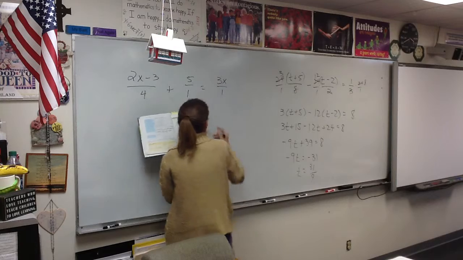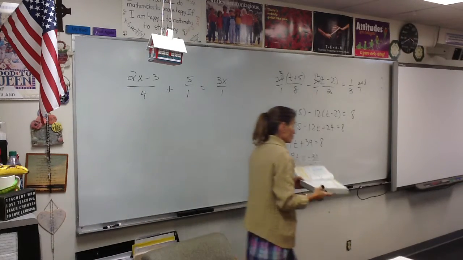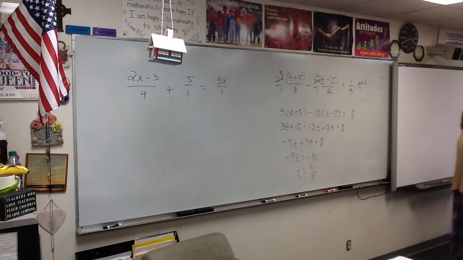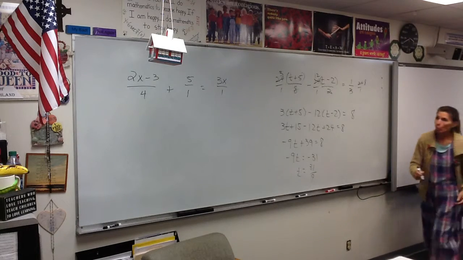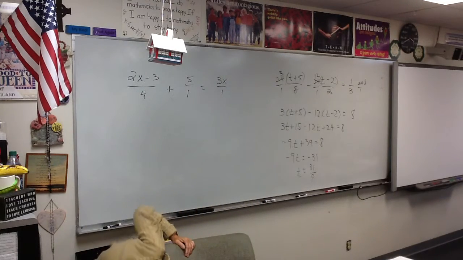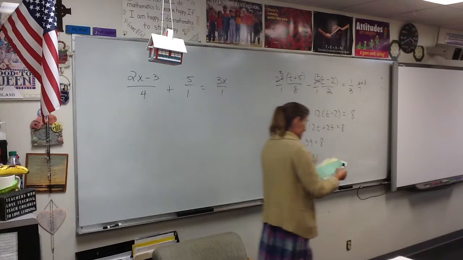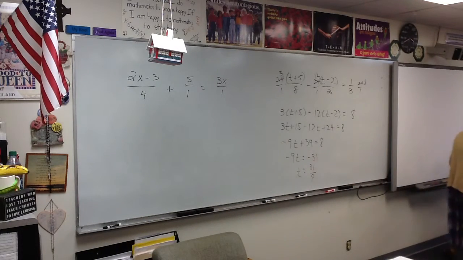And this is 3x/1. So I'm gonna go ahead and write those numbers as fractions. So what is my common denominator if I have 4, 1, and 1? Just 4. So I'm going to be multiplying everything by just 4.